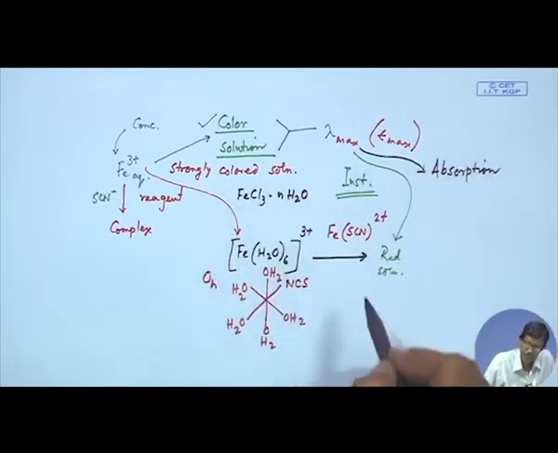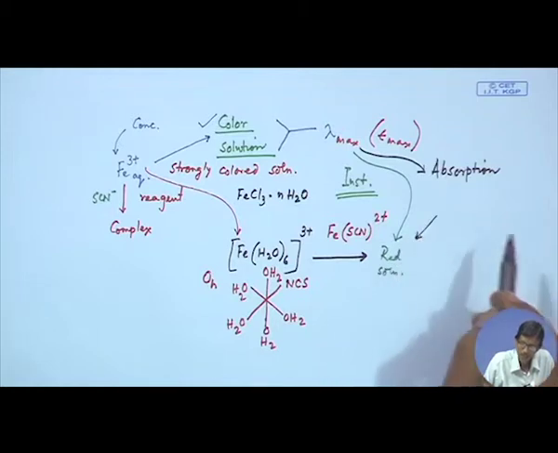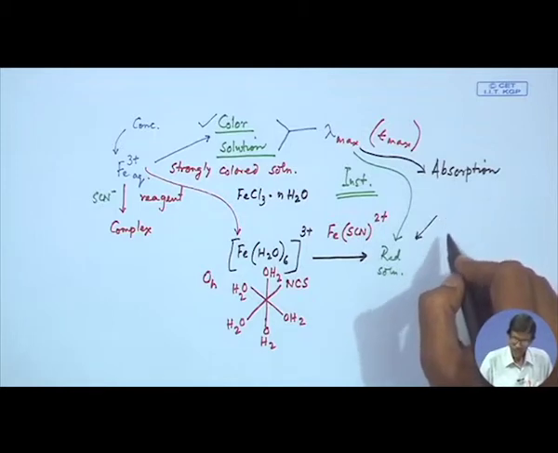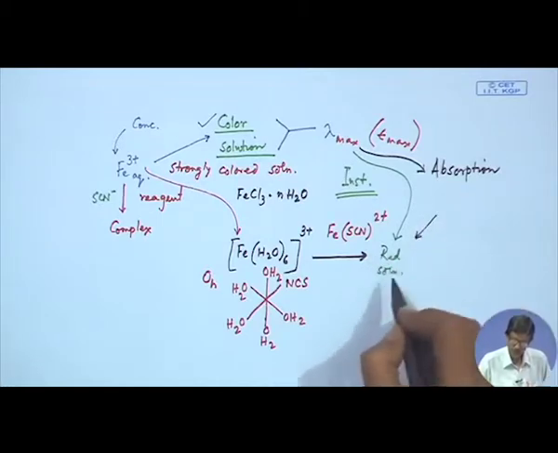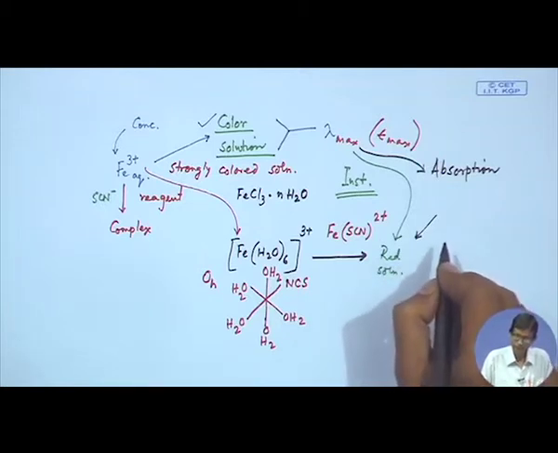The red colored solution does not mean that it is absorbing red wavelength or the red radiation. So, what is that radiation? What should be its lambda value? If I ask you what should be the lambda value for the corresponding red solution, you have to think for a while.